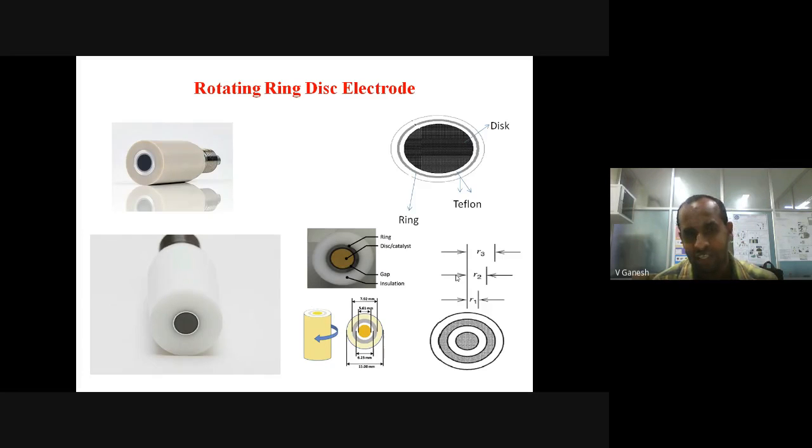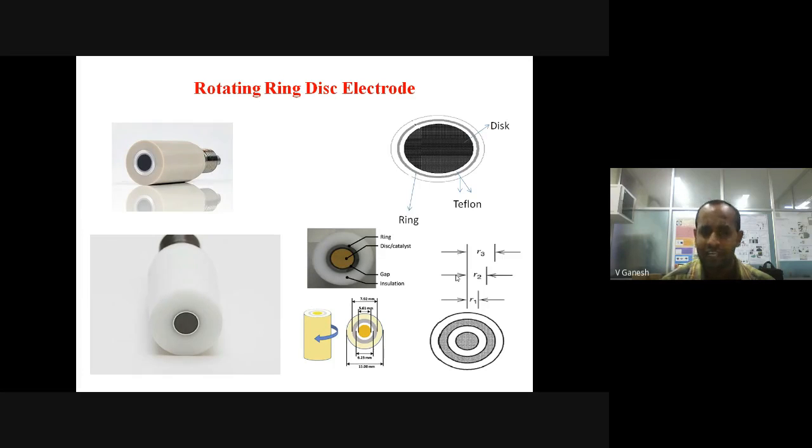The advantage of moving from a rotating disc electrode to a rotating ring disc electrode is the following. Suppose you monitor the oxygen reduction reaction. What are the products in the oxygen reduction reaction? If it undergoes a 2 electron reduction, it provides hydrogen peroxide as a product. If it undergoes a 4 electron reduction process, water is the product.